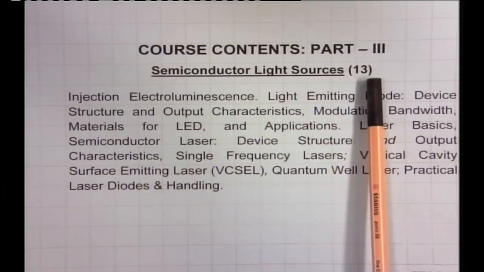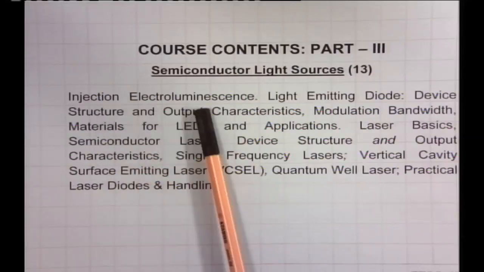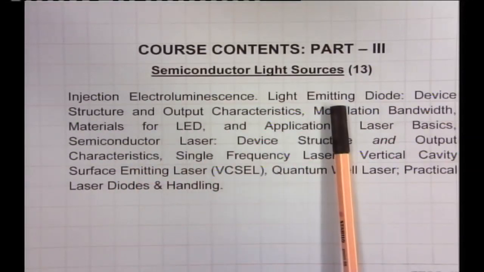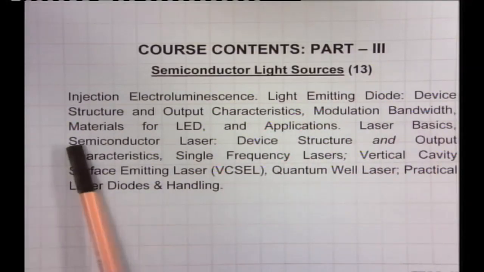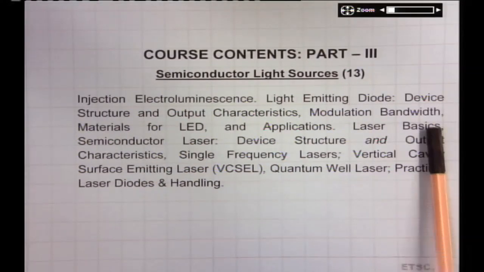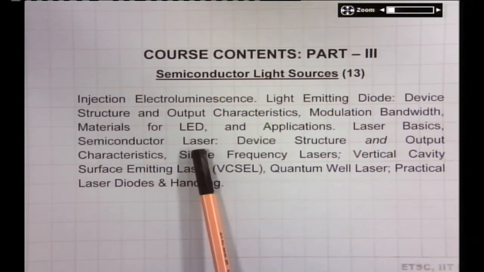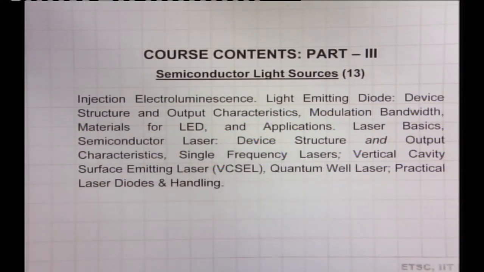Semiconductor light sources. We start with injection electroluminescence, light emitting diodes, device structure and output characteristics, modulation bandwidth and materials for light emitting diodes and their applications. Then we come to laser basics, in particular semiconductor lasers, the device structure and output characteristics.